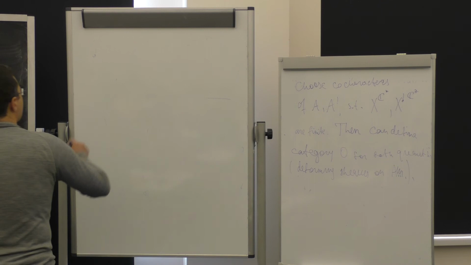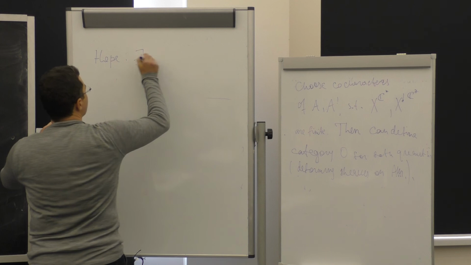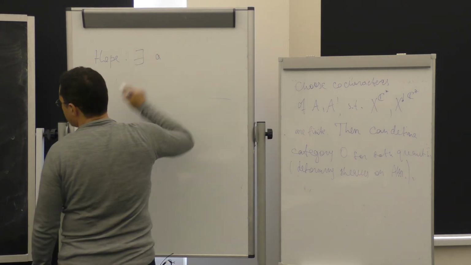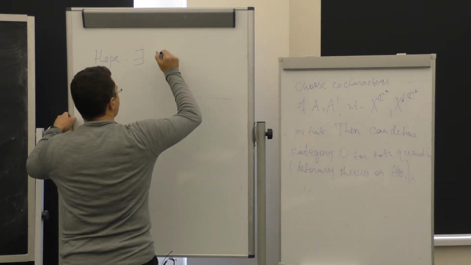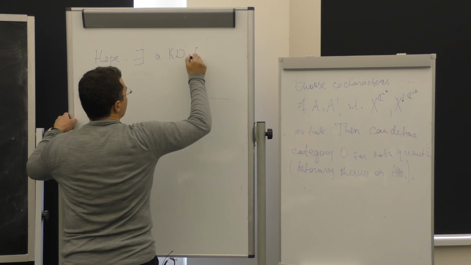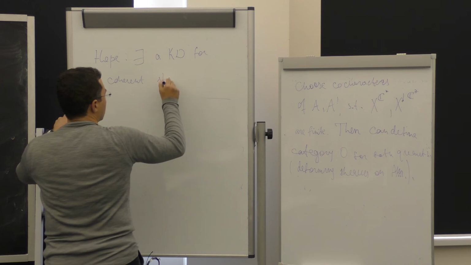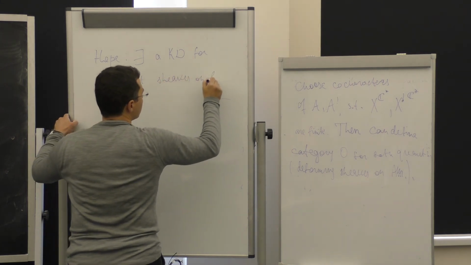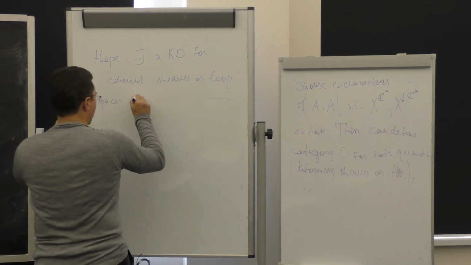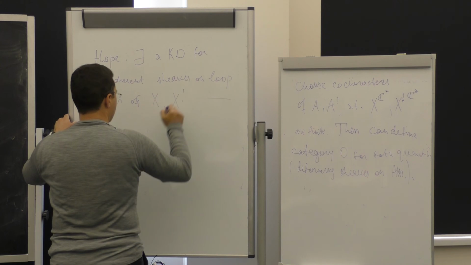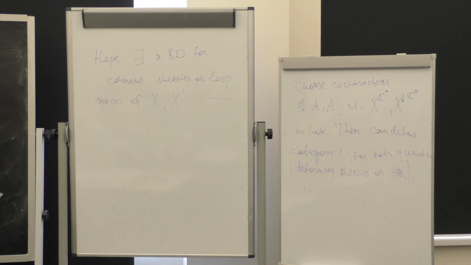So let me just say that I hope that this duality extends to a Koszul duality for coherent sheaves on loop spaces of X and X check.